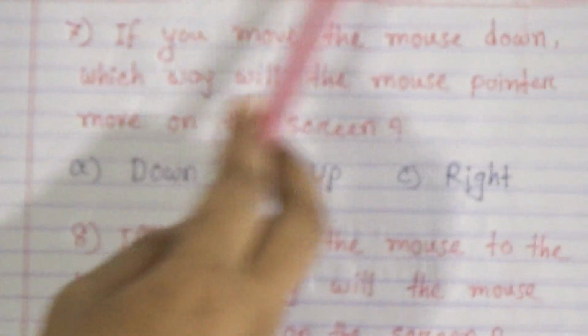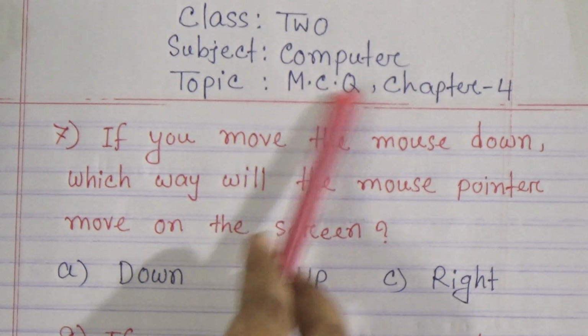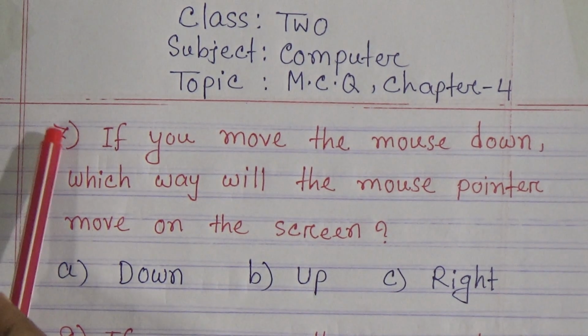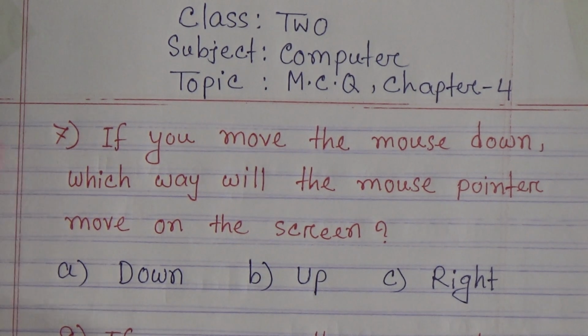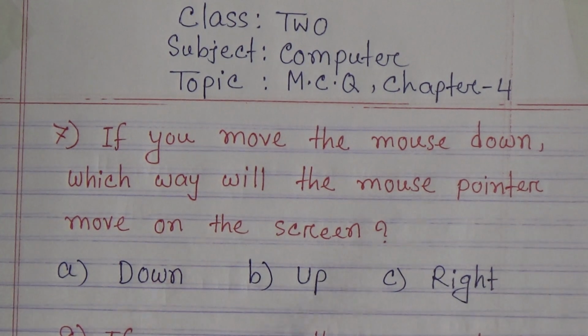Class 2, subject computer, topic M.C.Q. questions, that means multiple choice questions from chapter 4. In the previous class we have already done M.C.Q. questions 1 to 6, and in this class now I will do 7 to 11.